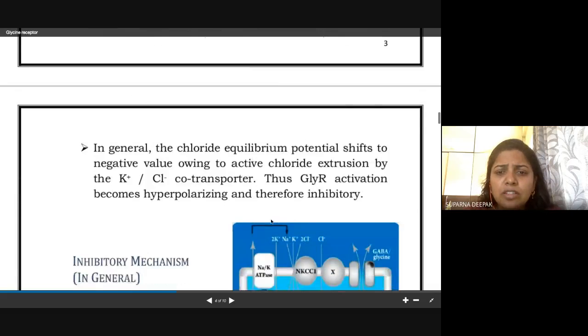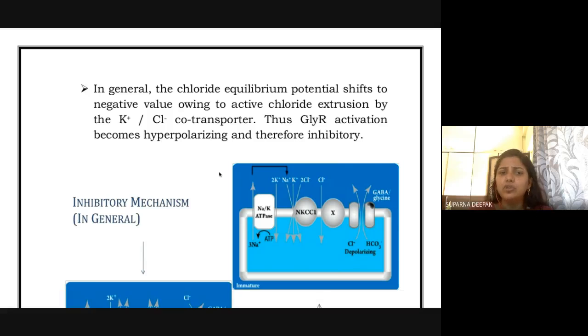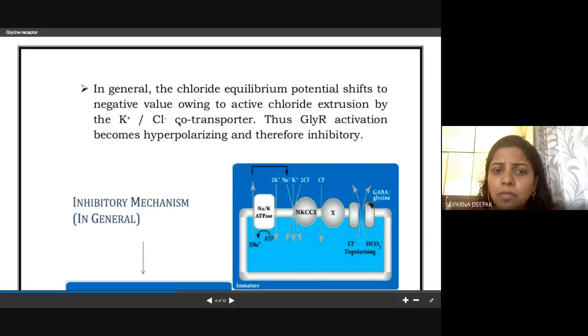In general, the chloride equilibrium potential shifts to a negative value owing to active chloride exclusion, by the potassium chloride co-transporters which are present. So glycine receptor activation becomes hyperpolarizing and therefore inhibitory.